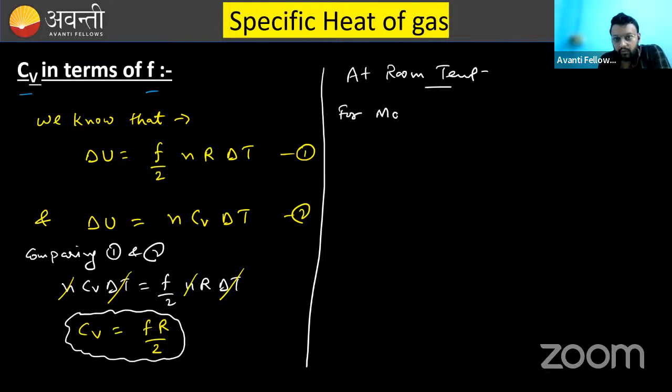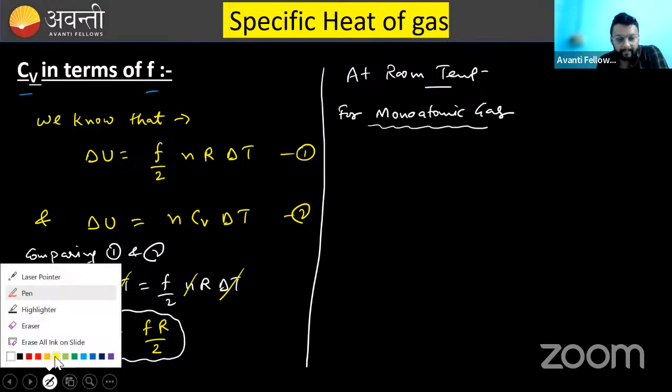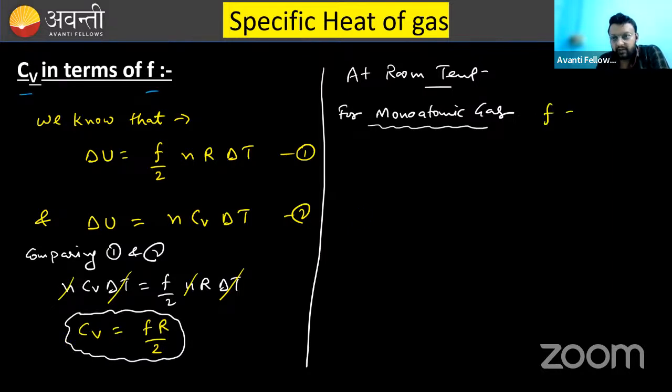For monatomic gas, F is what? You can see for monatomic gas, F is 3.